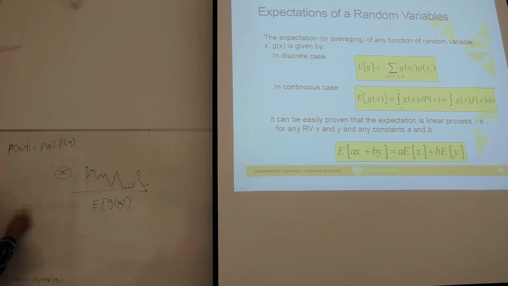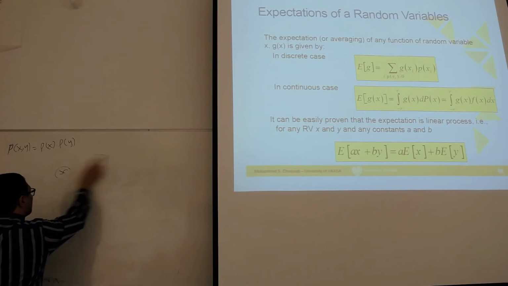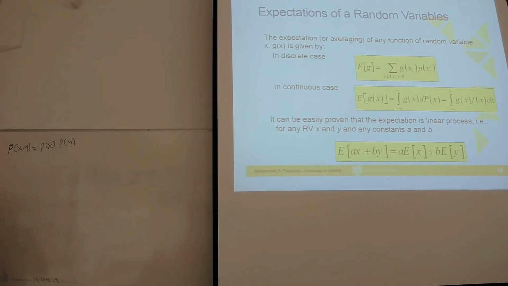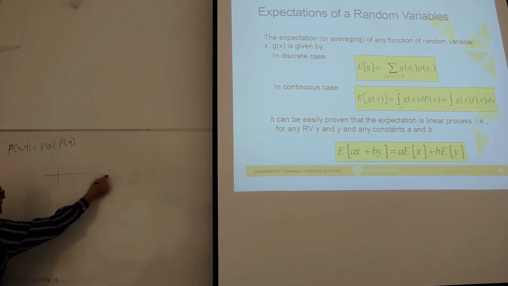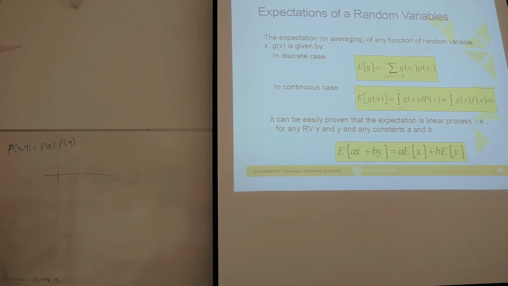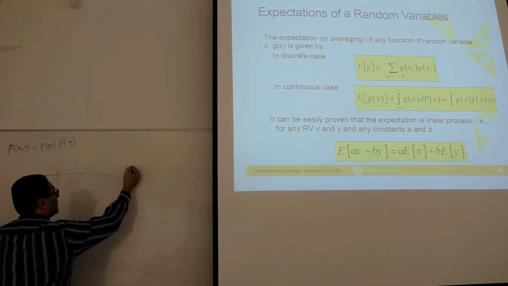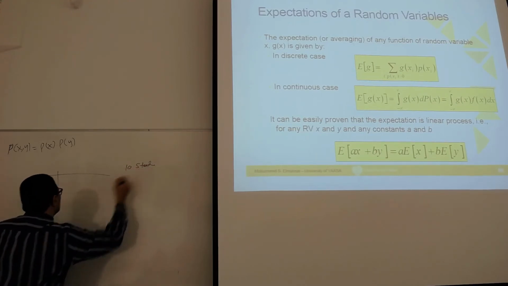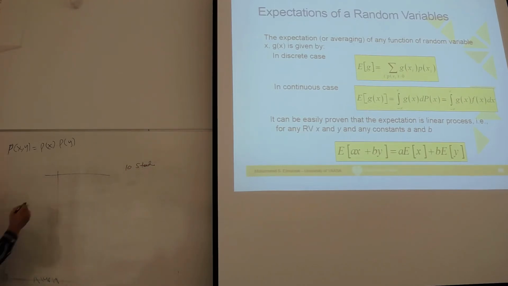Just to give a simple explanation of how it works, assume that in a certain course we have 10 students, and the grades of those students were in this way. We have students x1, x2, until x10.